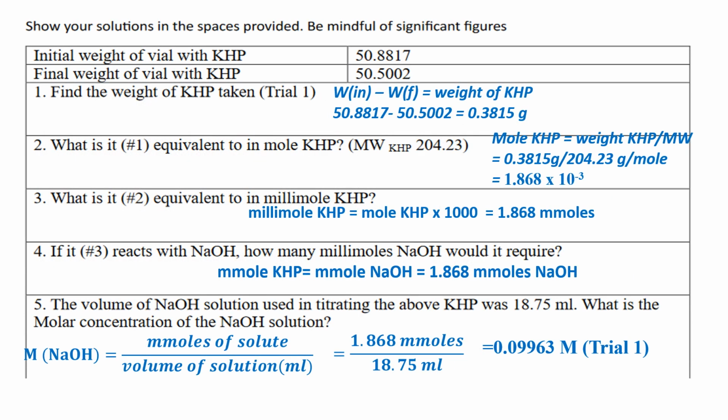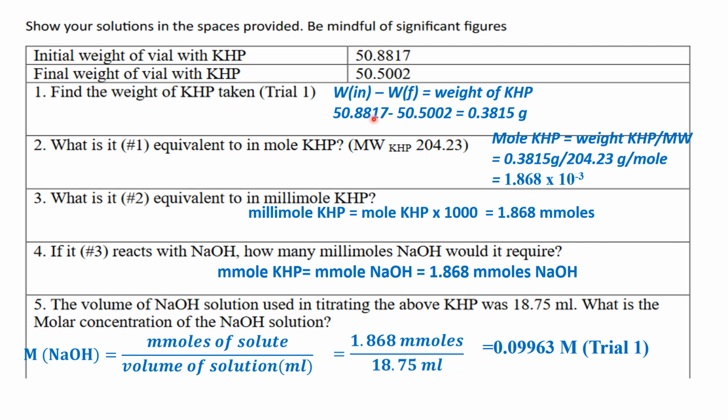And so, having done that particular exercise in the lab, you should be able to handle data like this. So you are given initial weight, you are given final weight. So to find the weight of KHP taken from the vial, this is for trial 1, you simply subtract the final weight from the initial weight.